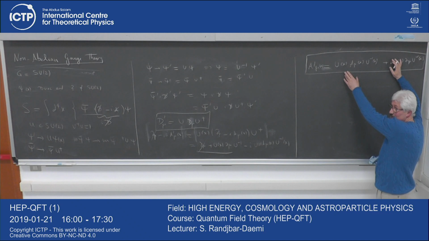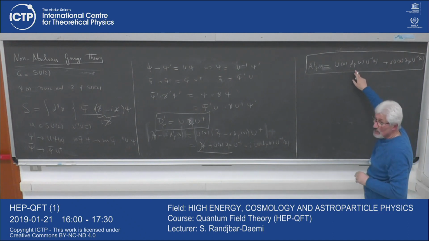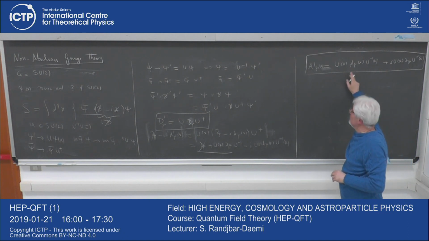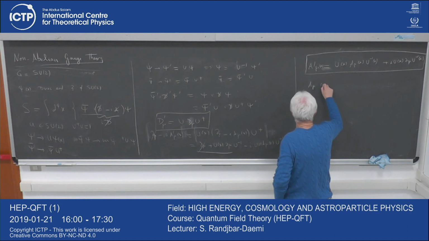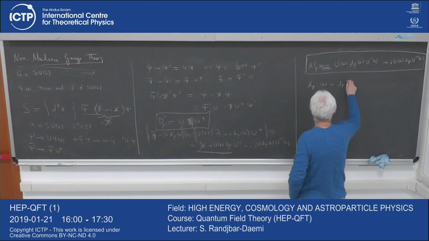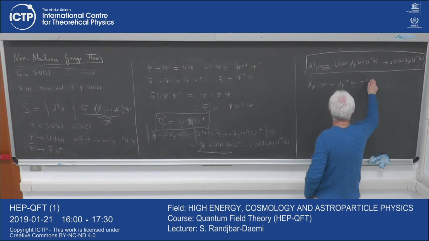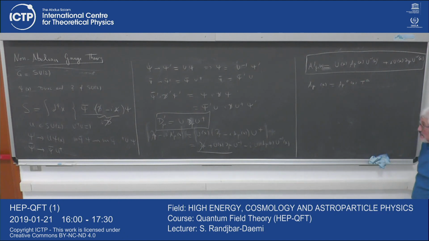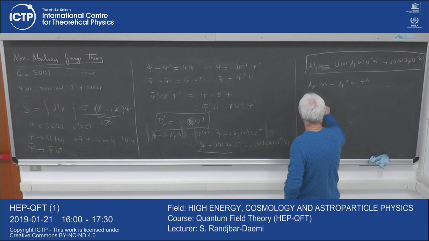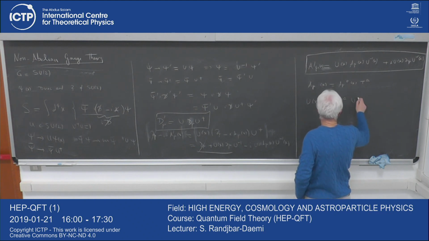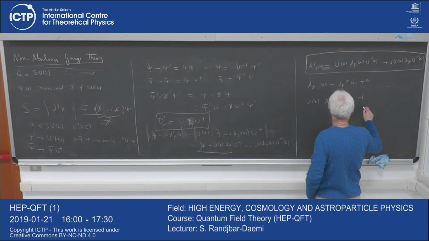In fact, if you write this in terms of components, I told you that A mu is A mu A tau A, if you expand it on the basis of Pauli matrices. Then that term there is A mu A, tau A U inverse.